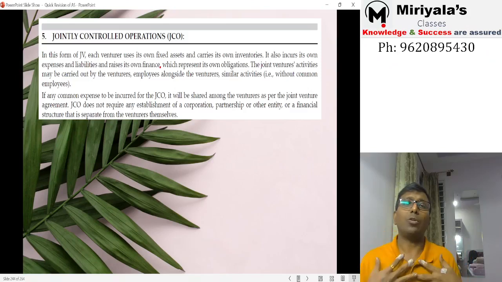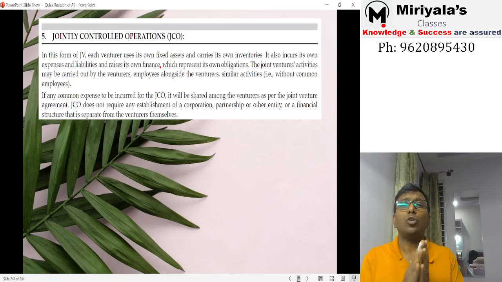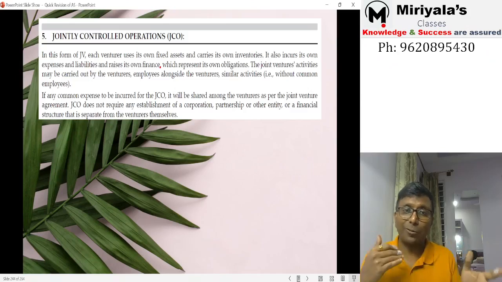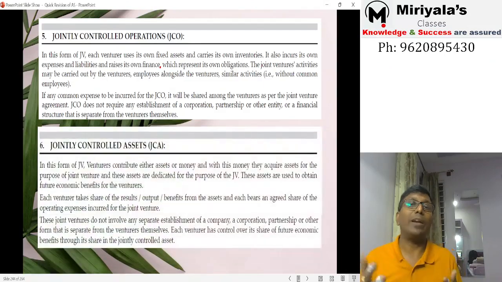I am controlling my business, you are controlling your business. So no consolidation will be incorporated and no separate accounting treatment is required. It's very simple. Even though there is an activity controlled by both parties jointly as per the agreement, no new accounting will be required in this case.